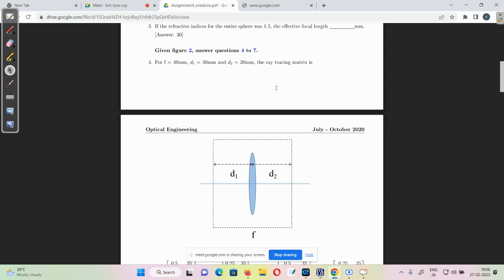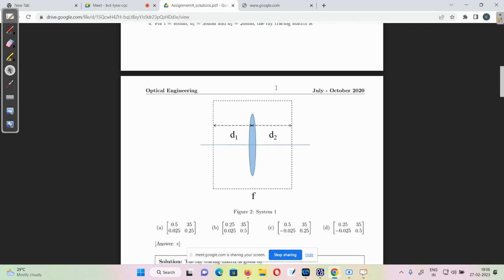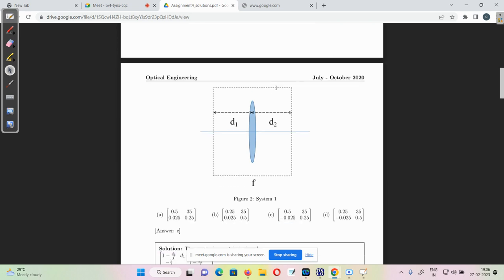You people already know this one, right? What is the ray tracing matrix for a free space? Sir, the lens matrix is 1, minus 1 upon f. Yes, if you remember that equation, then it's okay.